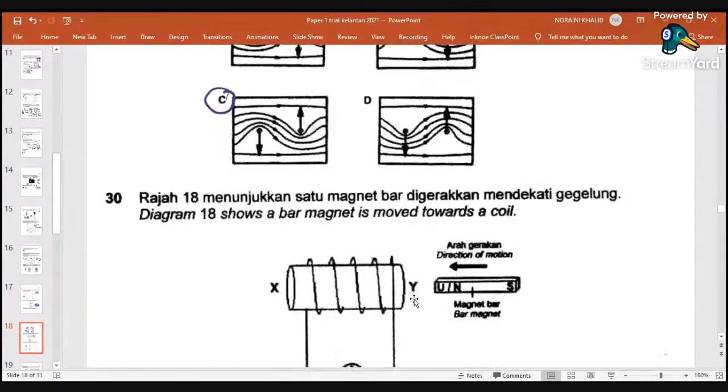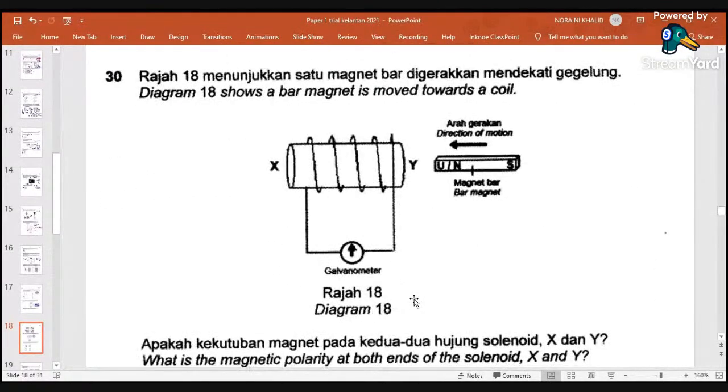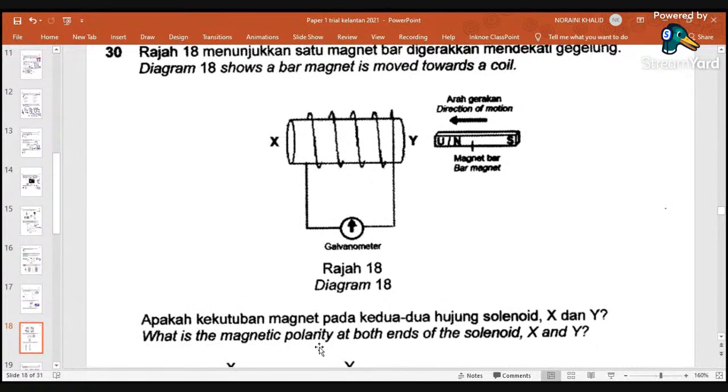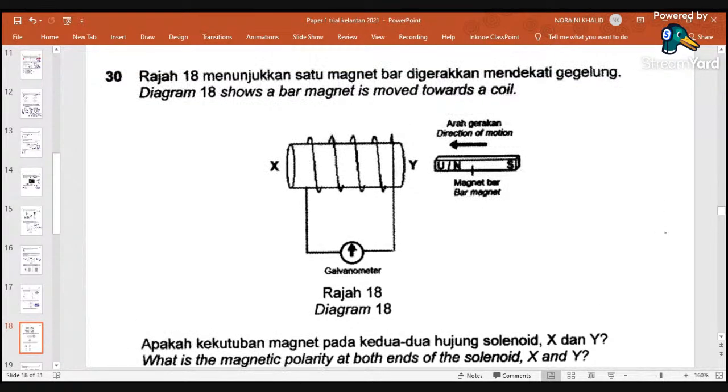Number 30. A bar magnet moves towards a coil. What is the magnetic polarity of both ends of solenoid X and Y? You can see north is moving towards Y. According to Lenz's law, Y will try to oppose the effect that produces current in the solenoid. To oppose the north pole, this one must become north pole, the same pole.